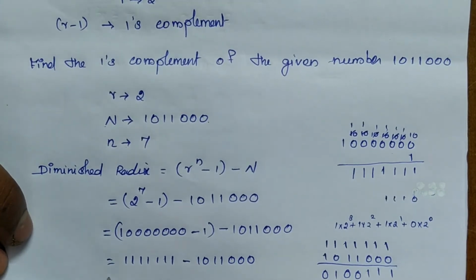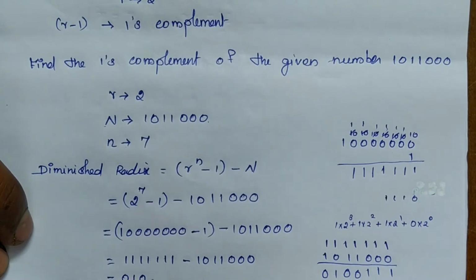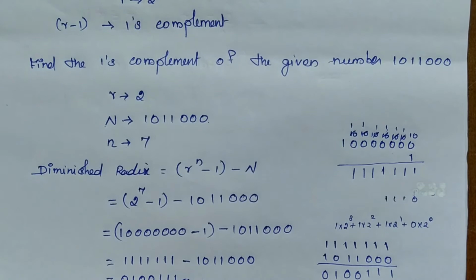Therefore the answer is 0 1 0 0 1 1 1. In this way we can get the complement of the given value. This one is the formula based method. Using an alternate method, we can get the value directly.